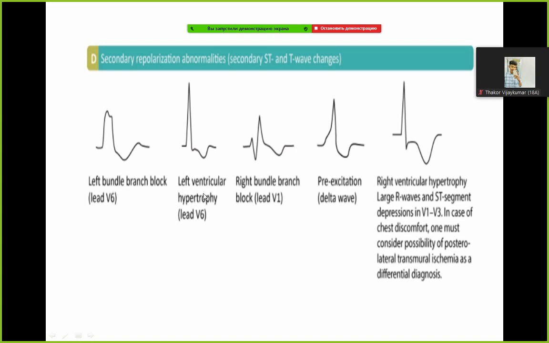The second is depression of ST segment in left ventricular hypertrophy in the V6 lead and right ventricular hypertrophy in V1, V3 chest leads. This is right bundle branch block in V1, also with depression of ST segment.